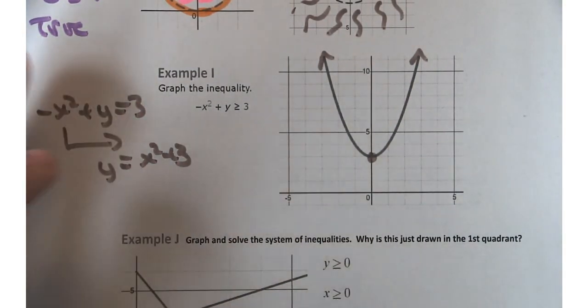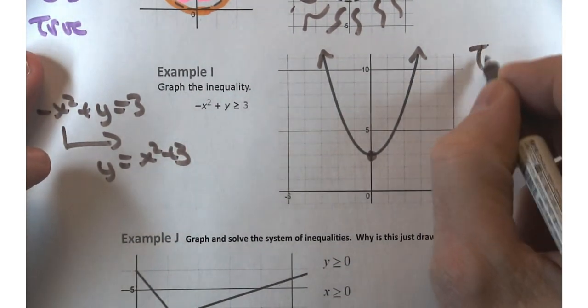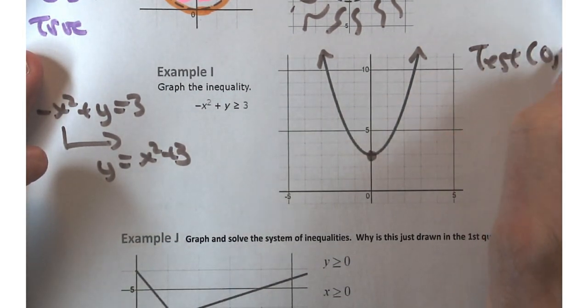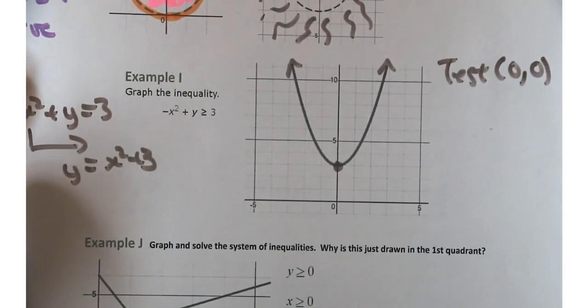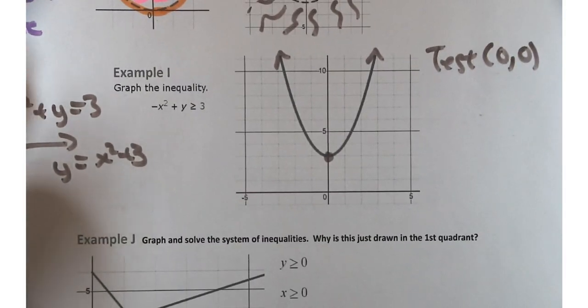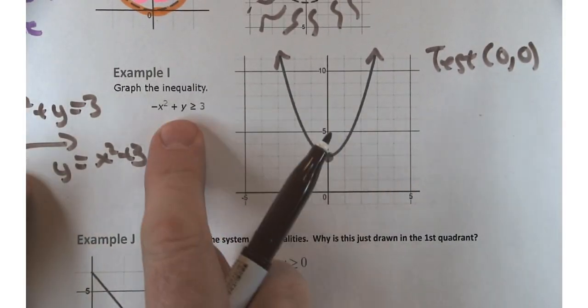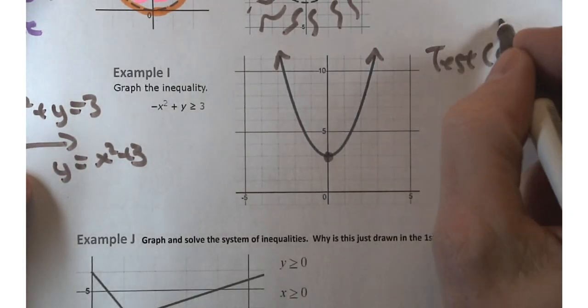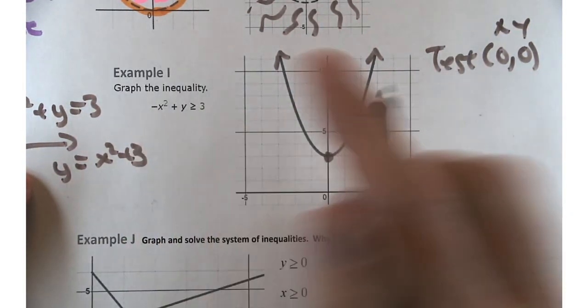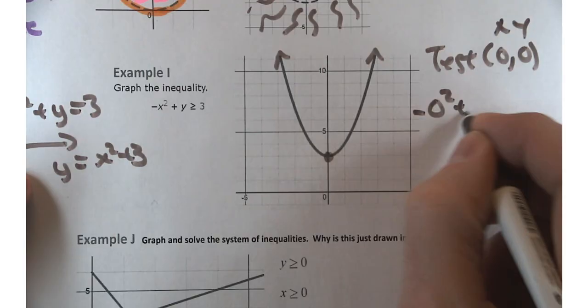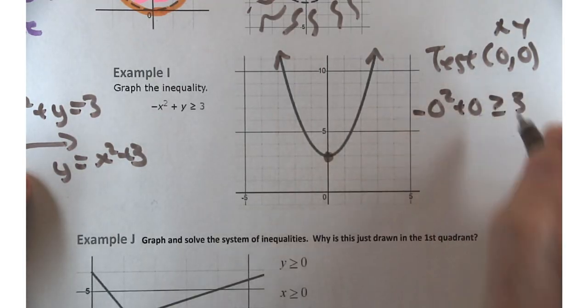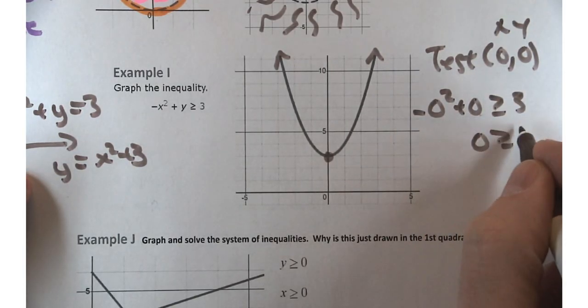So once again, an easy test point is what? (0, 0), yeah. As long as your graph's not going through the origin, (0, 0) is a nice friendly test point. So plug that in for x and y. Negative 0 squared plus 0, is that greater than or equal to 3? Is 0 greater than or equal to 3? No. False.